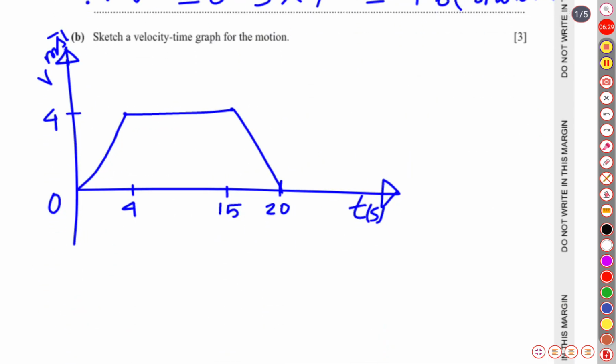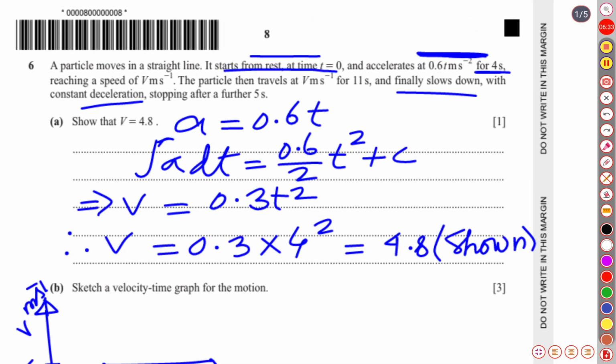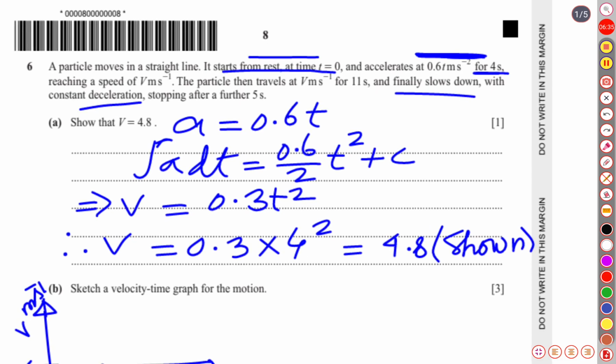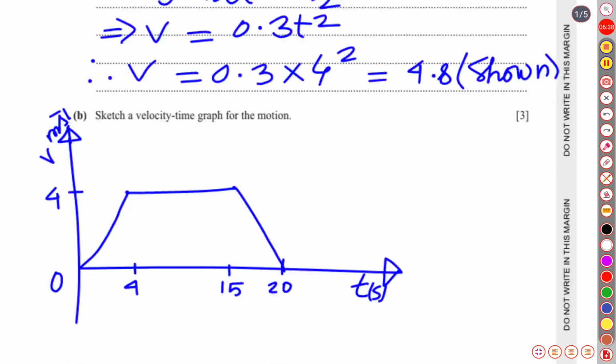So 4 plus 11 means 15. After that, finally it slows down with constant deceleration. Yes, this is constant deceleration. Coordinates can be written in the next one. So let's move on to question C.